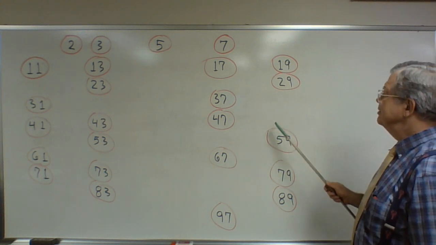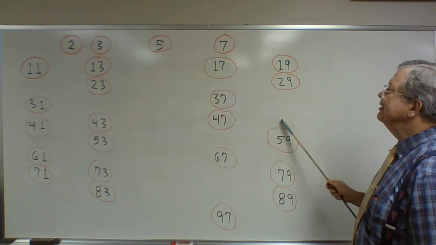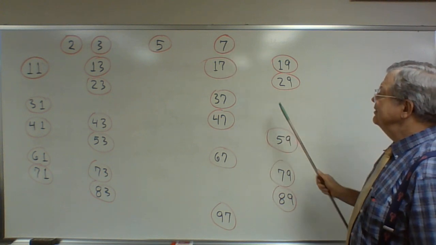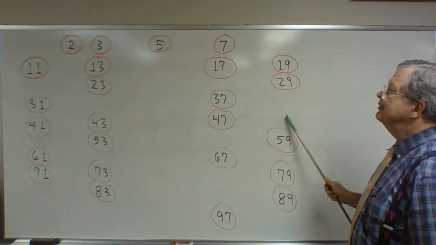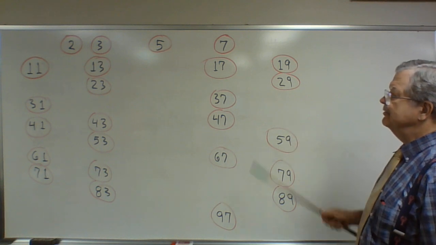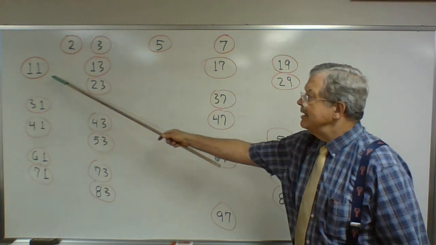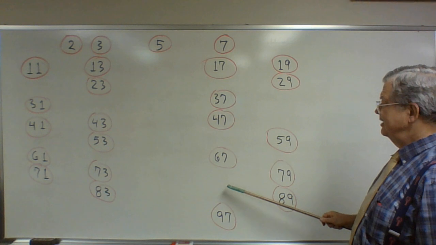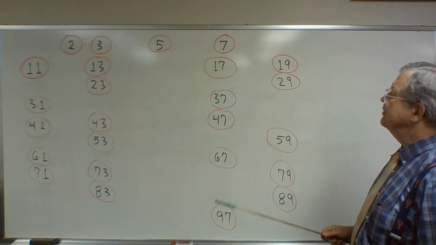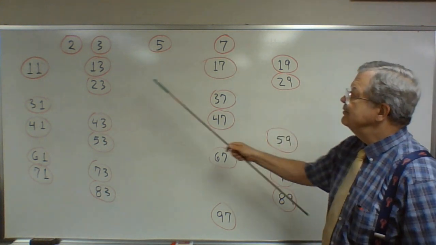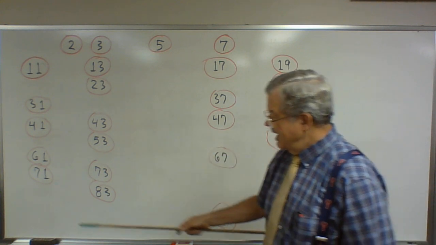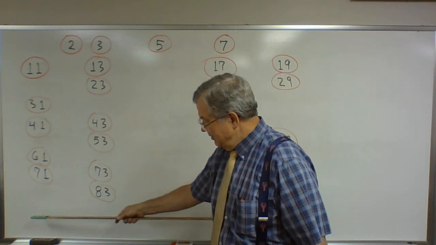And the only multiples of 7 that were left besides 7 squared were 7 times larger primes, like 7 times 11, 77, we had to eliminate that. Or 7 times 13, 91, we had to eliminate that.